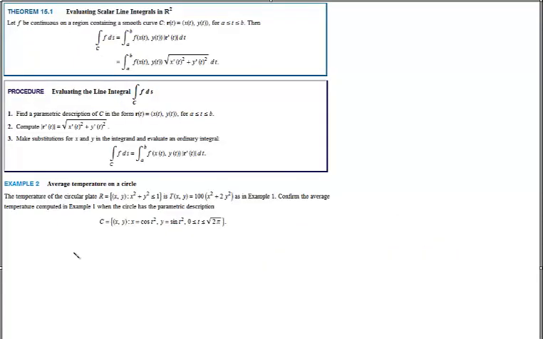In our next example, we still have our circular plate, but this time our circle has a parametric description, and there it is.